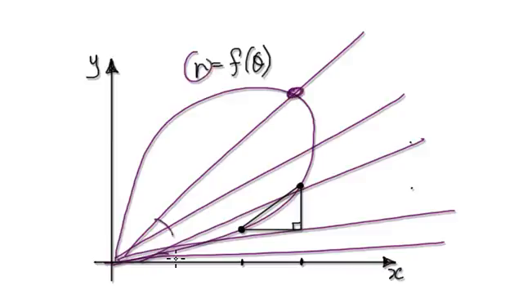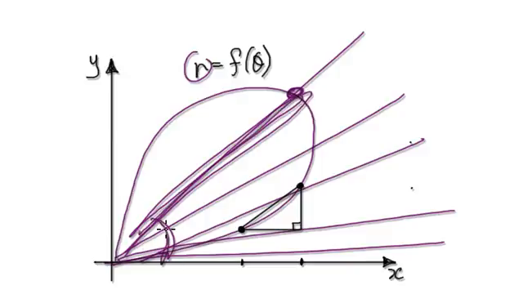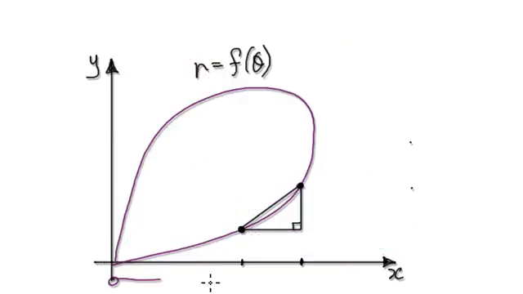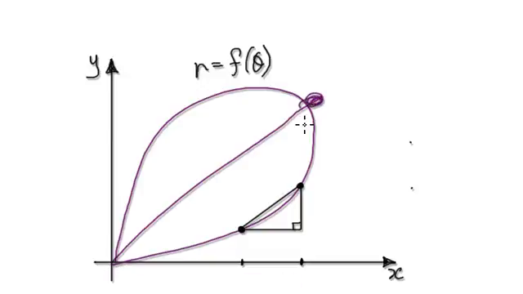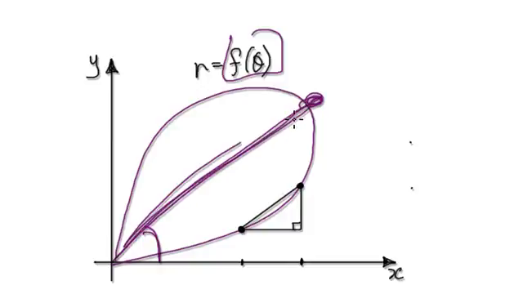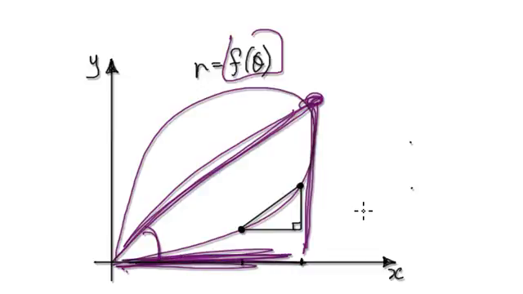So when the angle is here, we know the radius. The minute we know the radius and the angle, then we know the x-coordinate. So the minute we know the angle, from this we know the radius. And if we know the radius, then we know the precise x location.